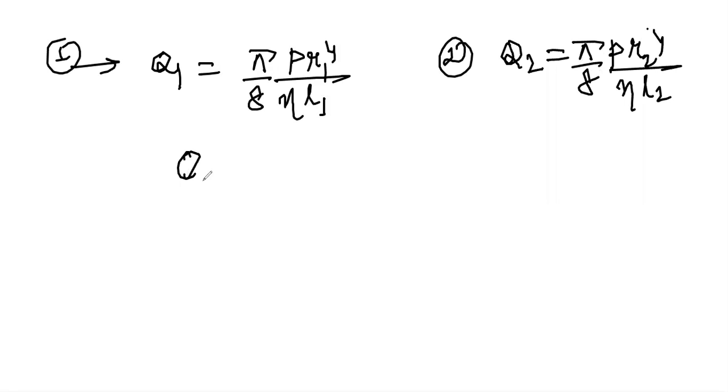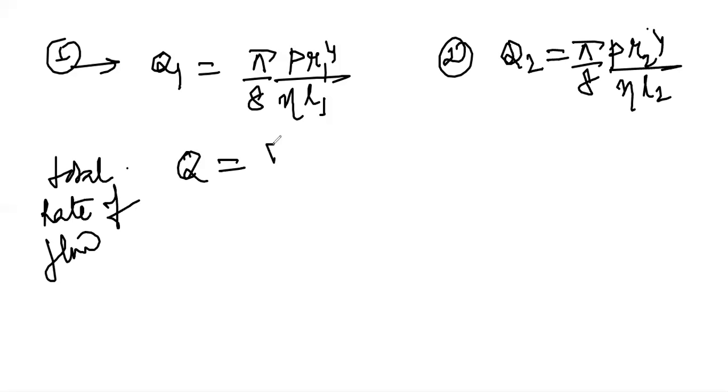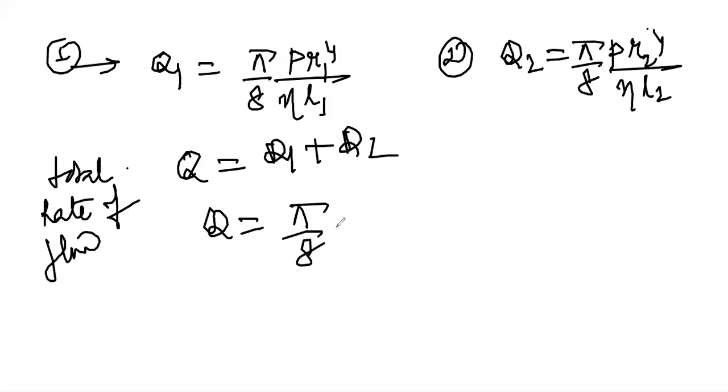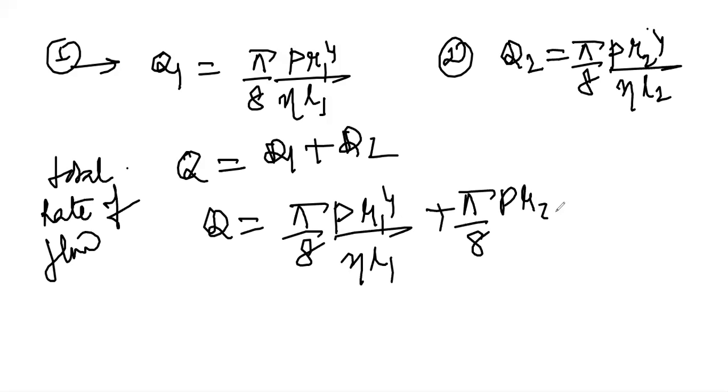So we can obviously write the total rate of flow, that equals Q1 plus Q2. So that will be equal to pi by 8 P R1 to the power 4 by eta L1 plus pi by 8 P R2 to the power 4 by eta L2.